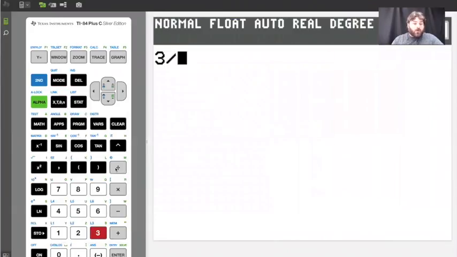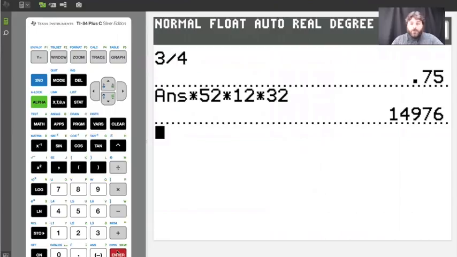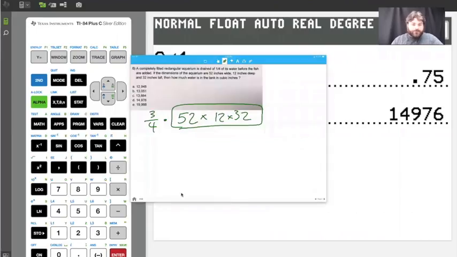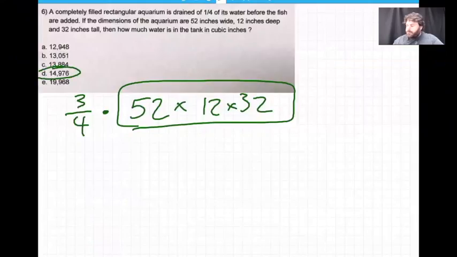So I do 3/4, okay? That's gonna be 0.75 as a decimal times 52 times 12 times 32. Just type in your calculator. You're gonna get 14,976. And that is answer choice D, okay?